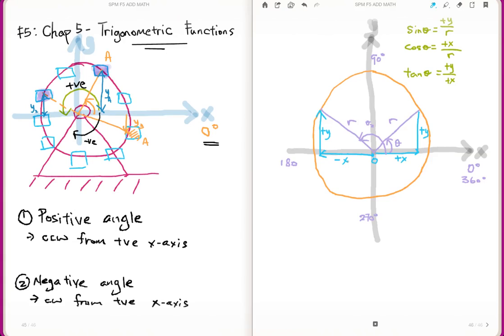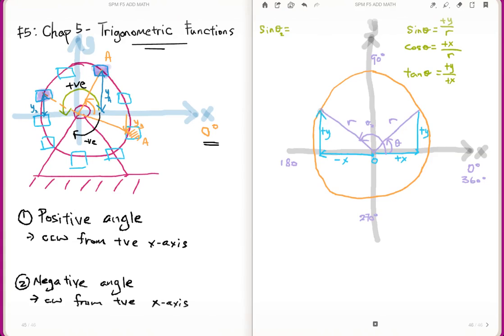Always measure its height. So when I want to look for sine theta 2, you look at this height, and in this triangle is what you need to focus on.